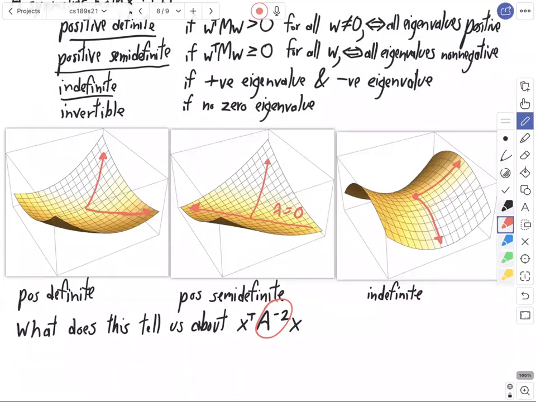And so we're always going to be in a situation where we have an invertible matrix there. And so we're not even going to have a positive semi-definite A to the minus 2. We're always going to have a positive definite A to the minus 2. All right, so that's how M and A to the minus 2 are related. Basically, think of them as the same matrix, but this is a special case where we are using this matrix A to the minus 2.